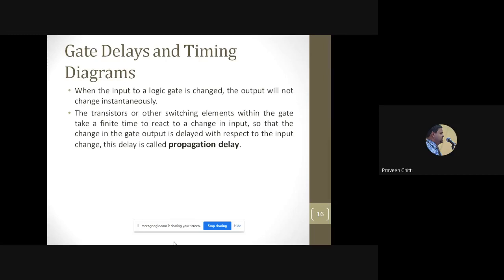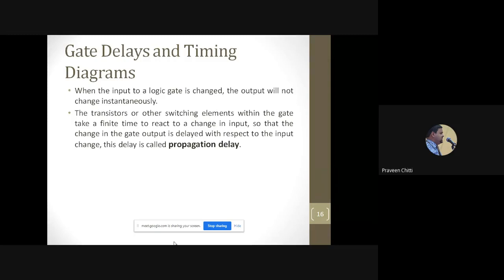The major reason for this is the switching elements used in the gate circuits. So the amount of time required for a gate to change the output when inputs are changed is called propagation delay. I hope the definition of propagation delay is clear.